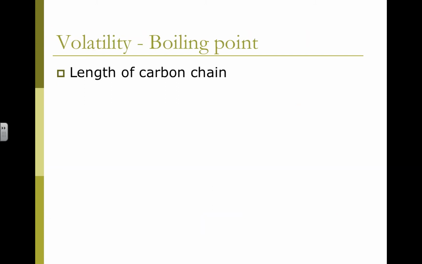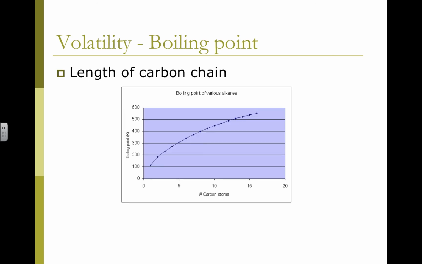Okay, so volatility is your science word for boiling point, and it's affected by the length of the carbon chain, because as the molar mass increases, the London dispersion forces increase, which means the boiling point increases since we have to overcome those.